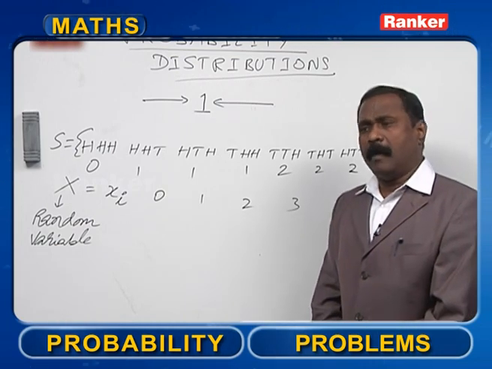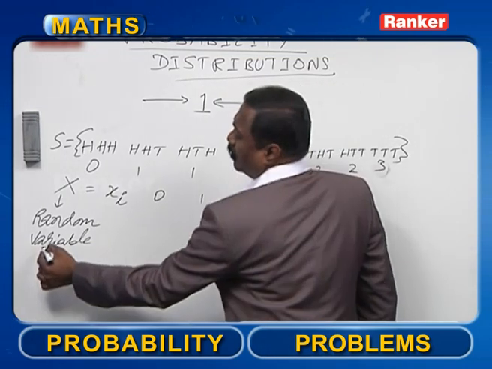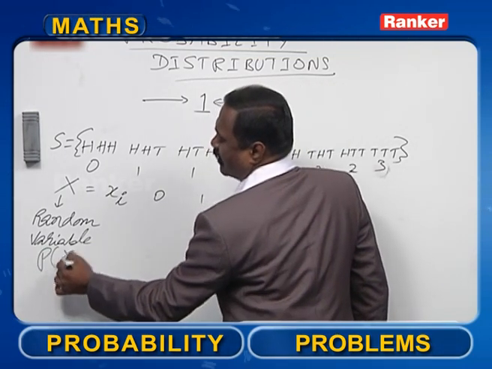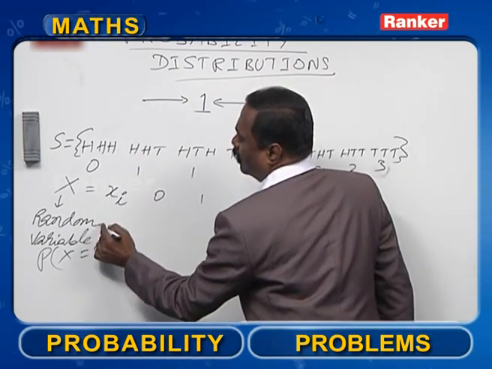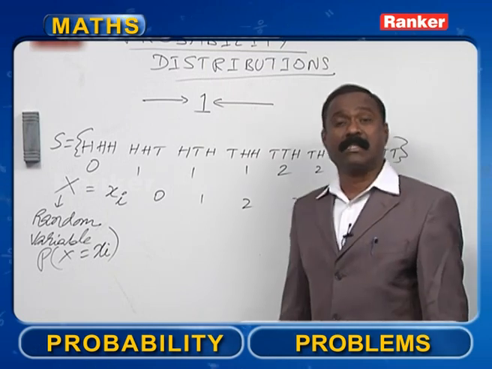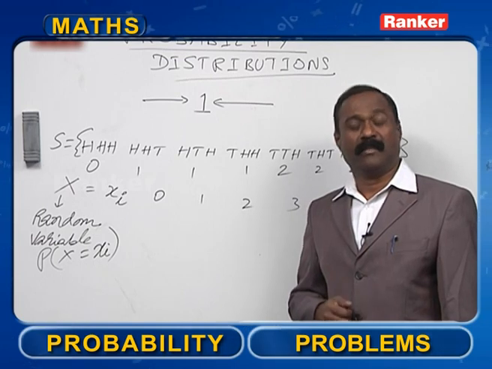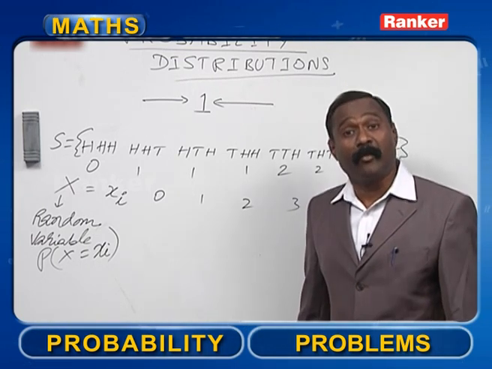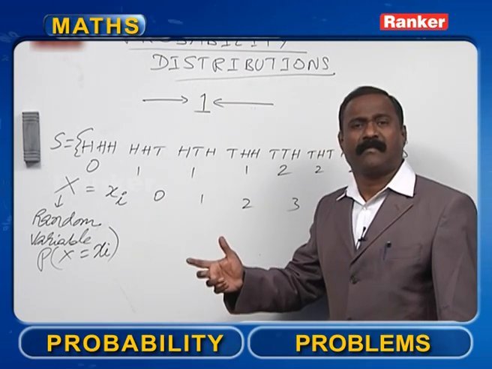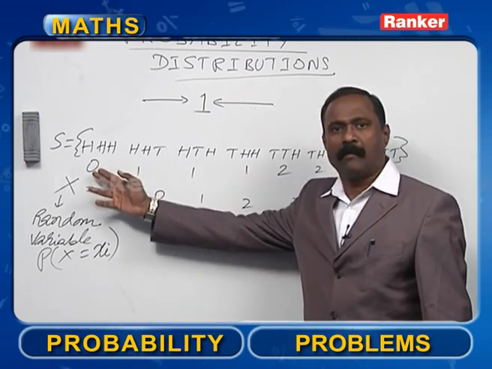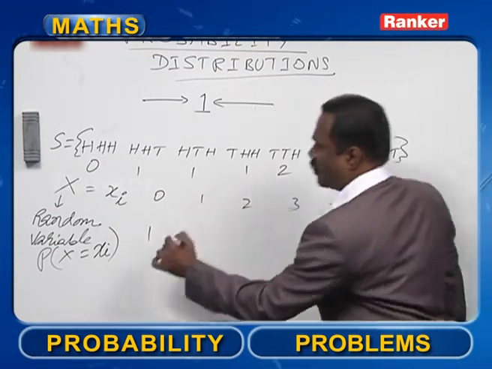So now let me write the probability of this random variable, P of X equal to x_i. As you know, we have discussed how to write the probability: number of favorable outcomes divided by total number of outcomes. 0 successes, only 1 favorable and total is 8, so 1 by 8.